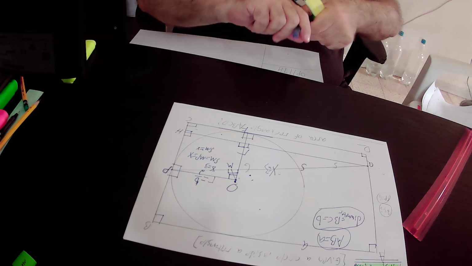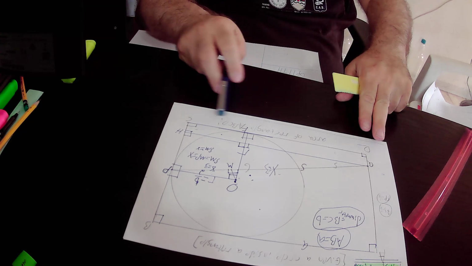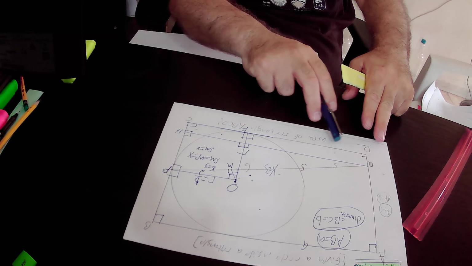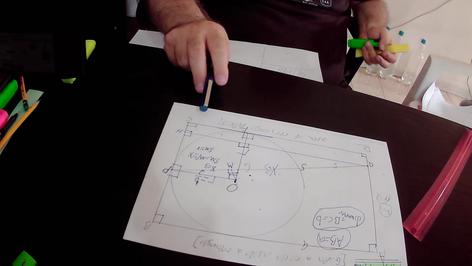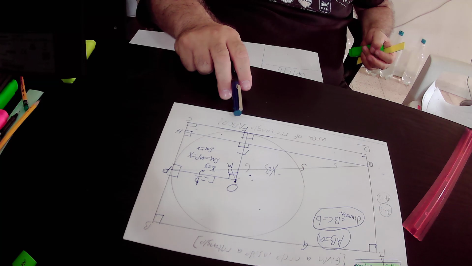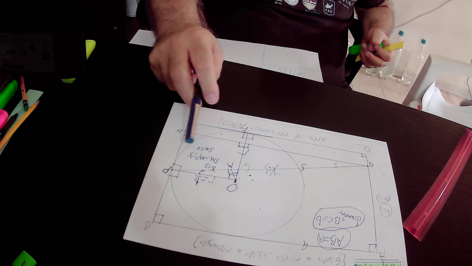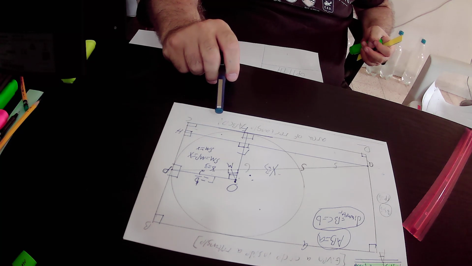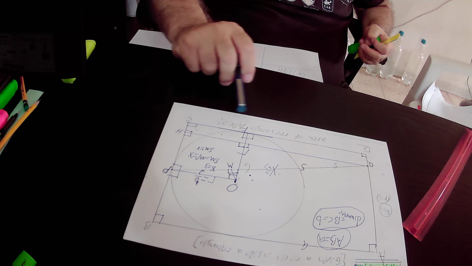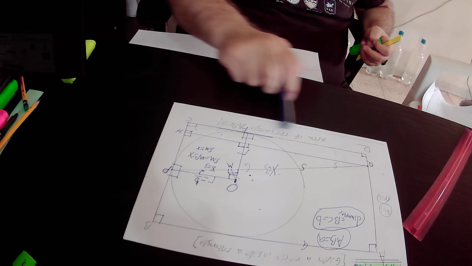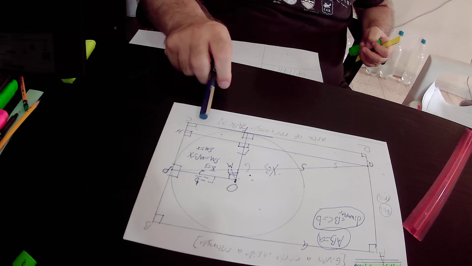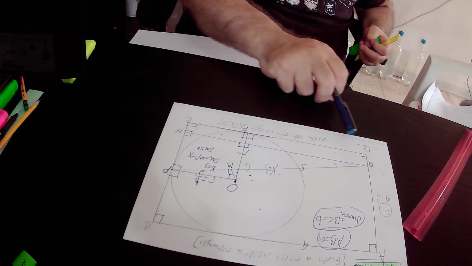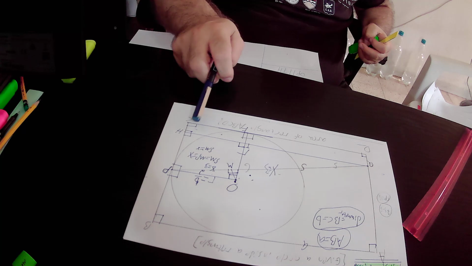And we know that TH is part of the straight line QH, and TH is parallel to QP. So you can say that part of the straight line QH is parallel to QP. So if part of the straight line QH is parallel to QP, it means that the straight line QH must also be parallel to QP.